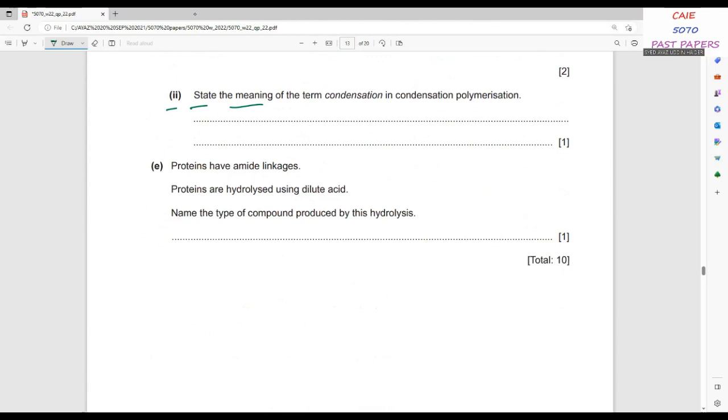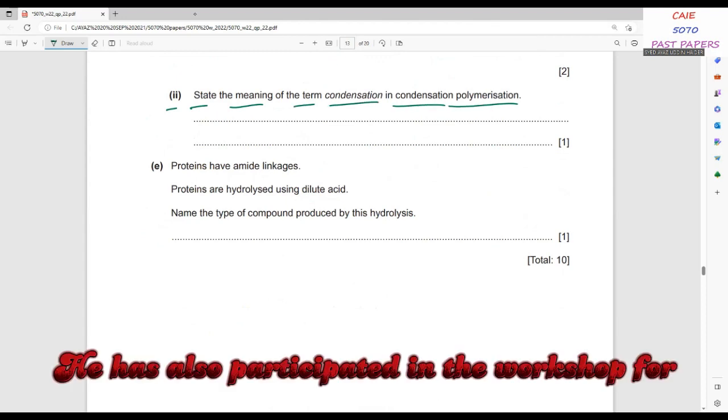State the meaning of the term condensation in condensation polymerization.